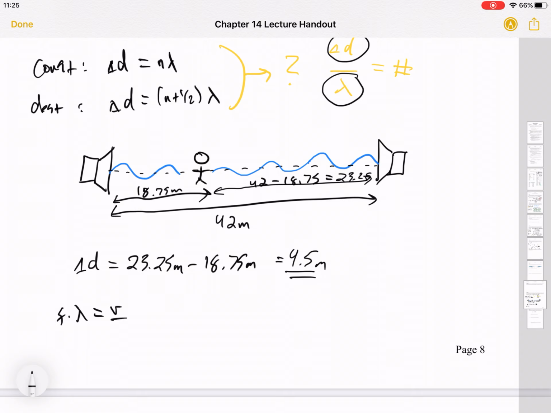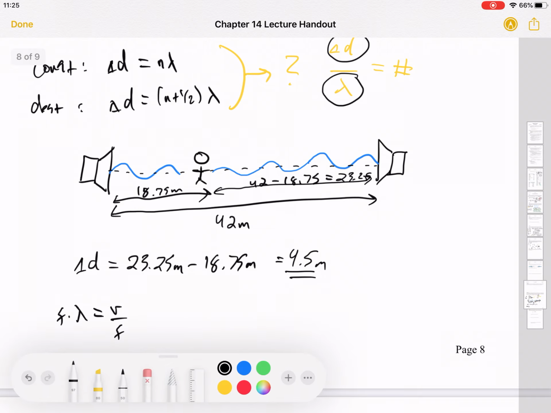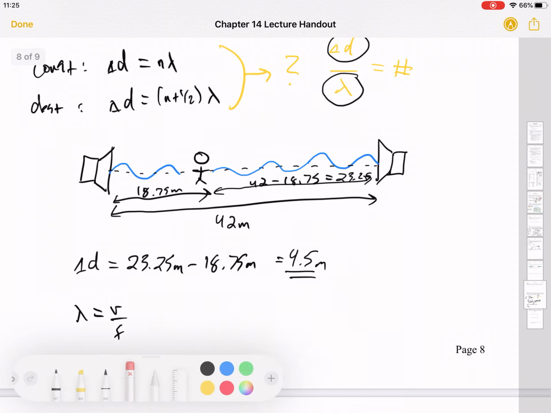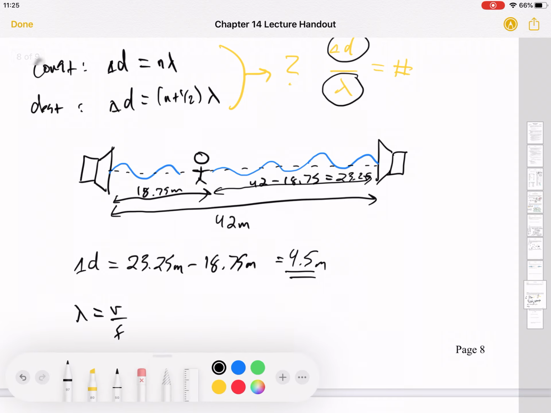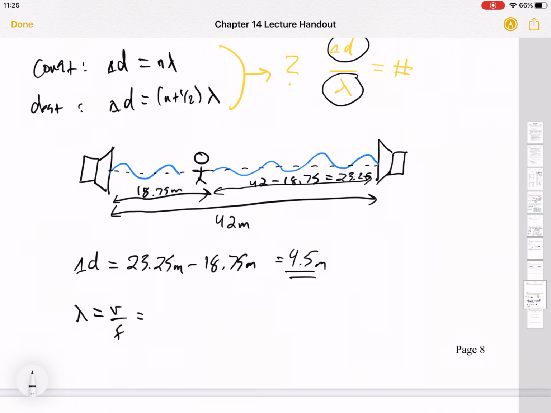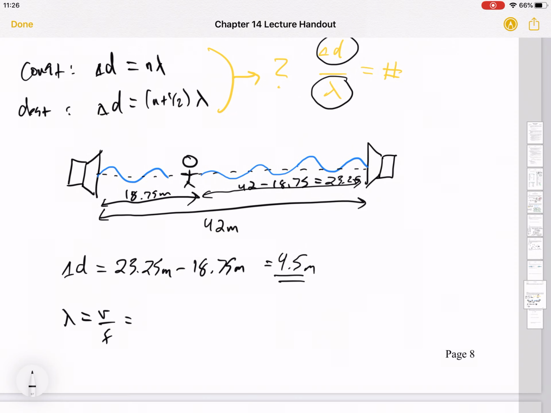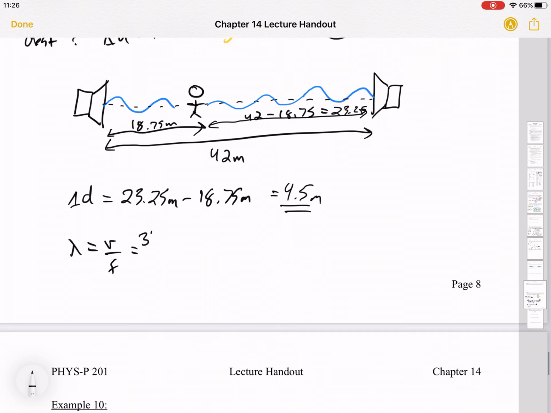So if I divide by f, I'll have lambda, right? And I know v that was given to me. I think it's 345 meters per second, divided by 115 hertz, which is per second. And what I get when I do that is 3 meters.